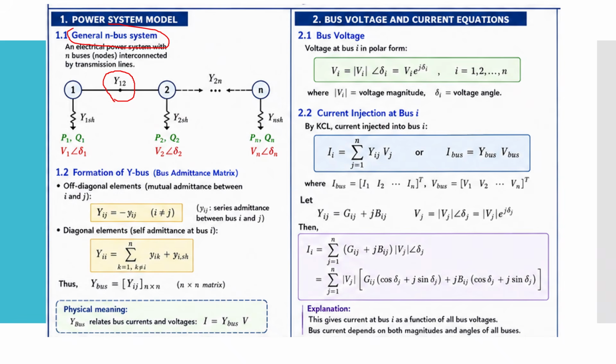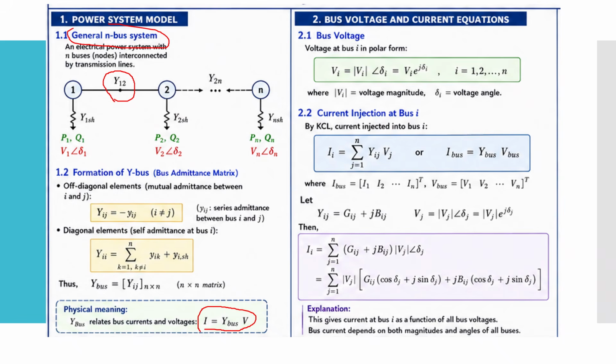So that Yii is equal to the summation of k from 1 up to n, k different from i, of yik, plus yi shunt. So we will form an n by n matrix for an n-bus distribution network, and we can obtain the final solution by using this.